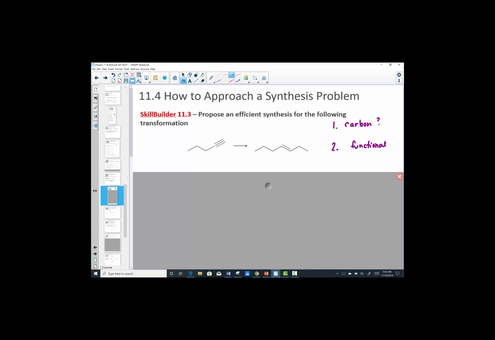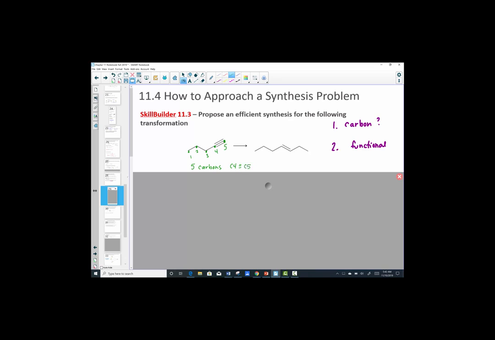So I'm going to number this carbon chain, and when I do so, I want to be sure that I can locate the functional groups as well. For nomenclature, I would start numbering here, but I'm going to choose to just count the carbon chain, not by the nomenclature rules, just to figure out how many carbons there are. So right now I have 5 carbons, and between carbon 4 and carbon 5, we have a triple bond.